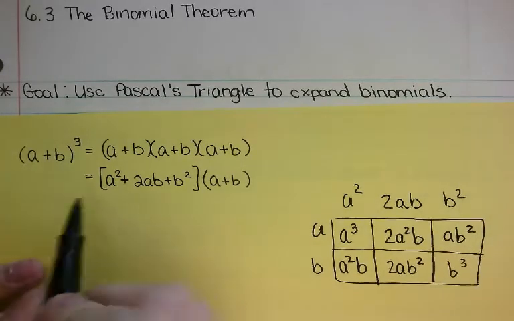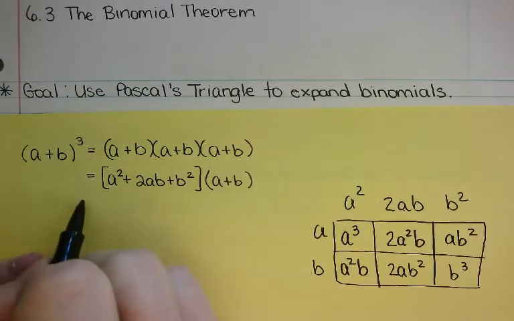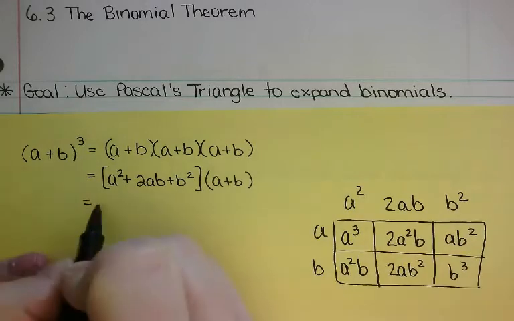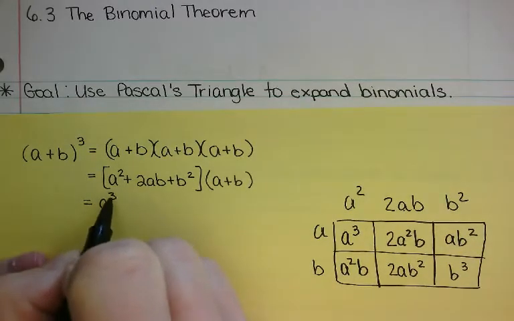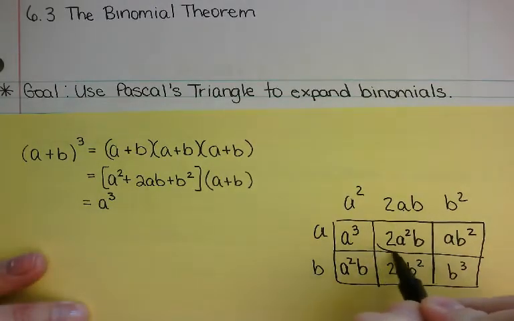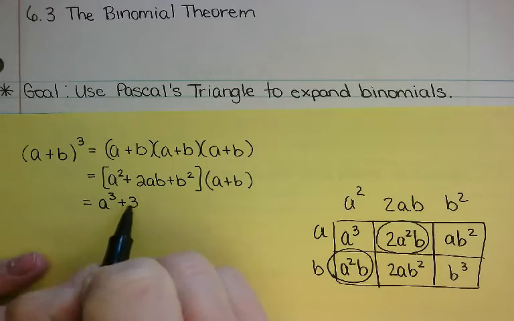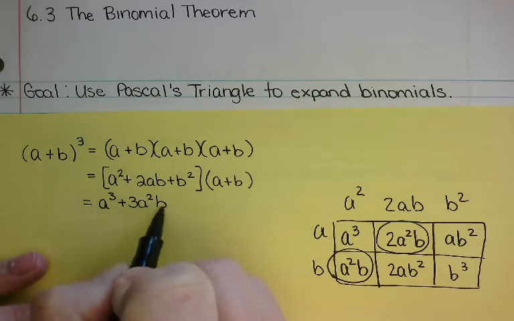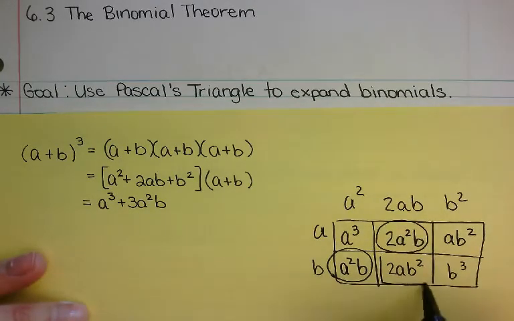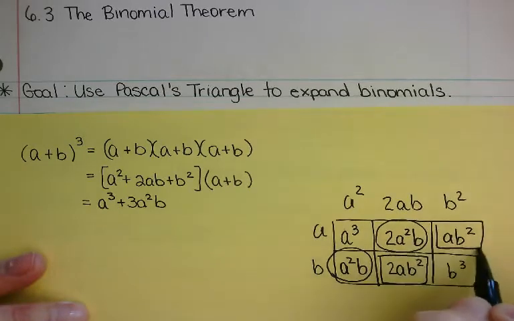All right, so I'm going to write my answer as a to the third. And then I've got my a squared b, and here's another a squared b, so that gives me 3a squared b. And then I'm going to look at the ab squared.